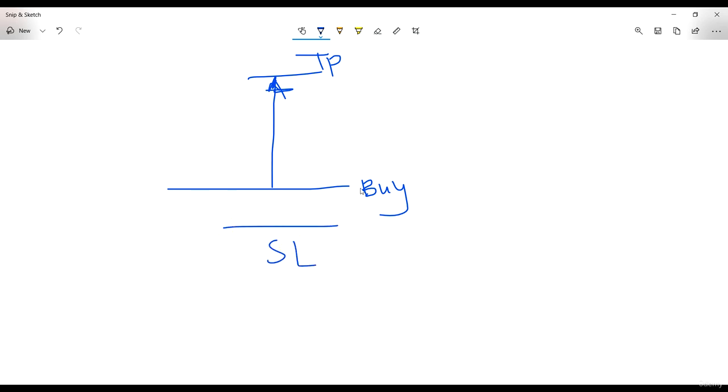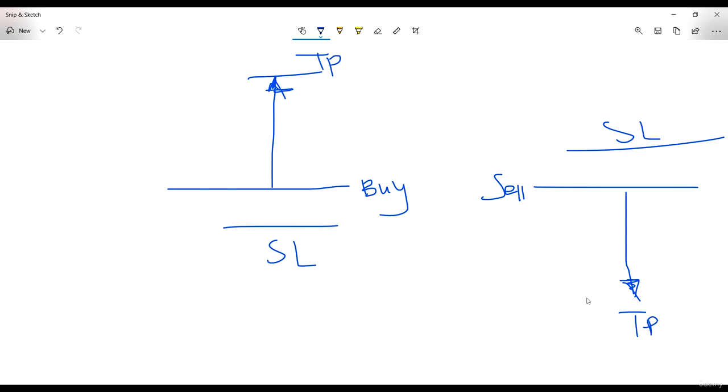Your stop loss will be below your entry price in a buy scenario, and for a sell scenario, your stop loss will be above your entry price, because you are predicting that the market will go lower than your entry price. So this will be your take profit, and this will be your stop loss. That's basically what a stop loss is.